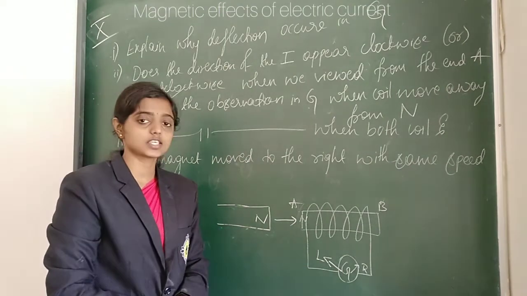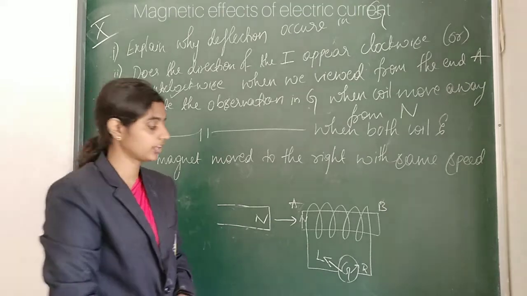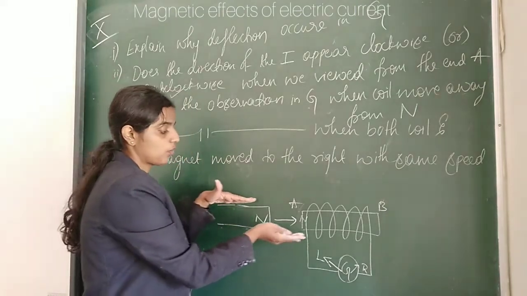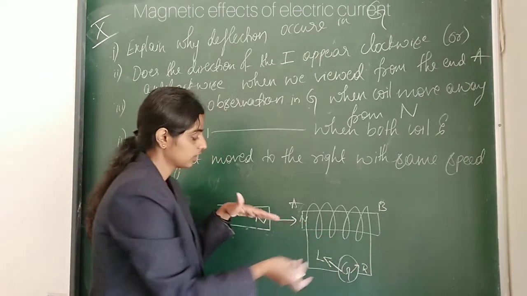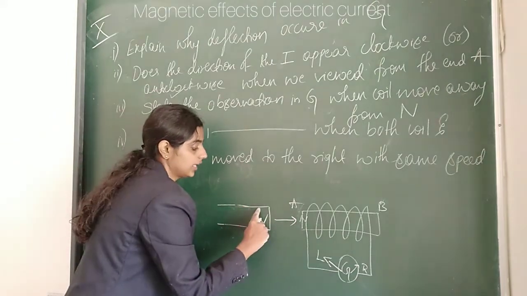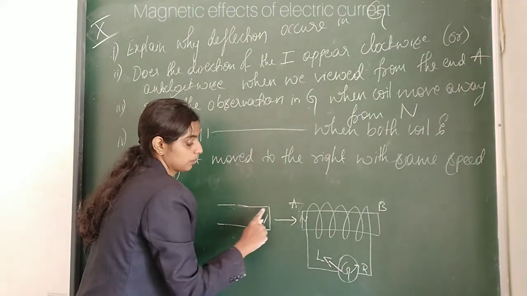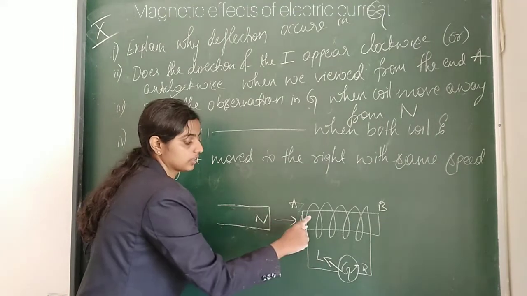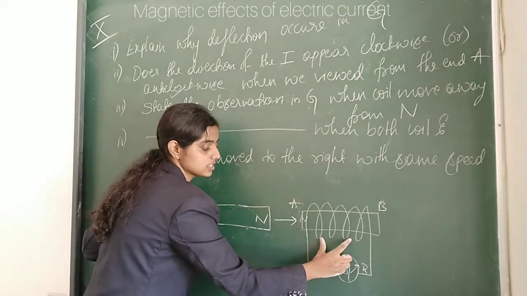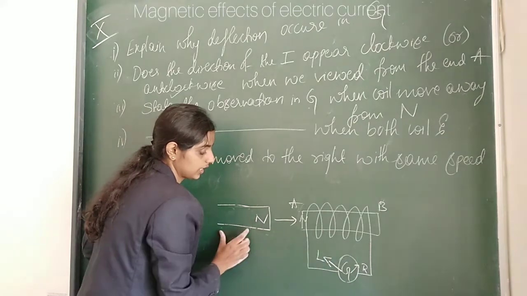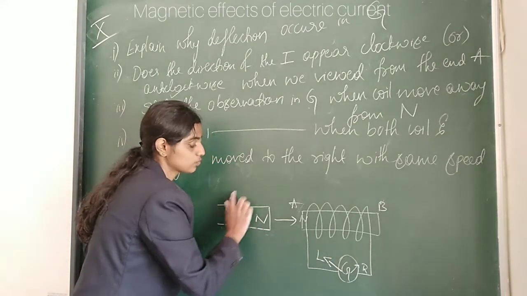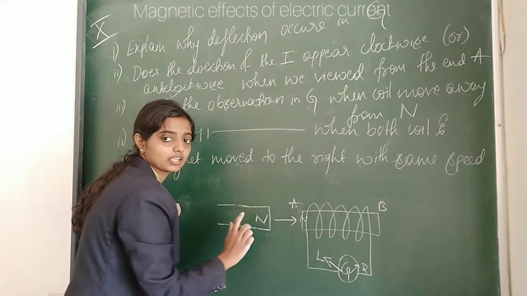So any guesses? Think yourself and try to answer. When they both move at the same speed, the magnetic field won't change because it will move with the same speed, and this is also moving. When this is stationary and this is moving, what happens? We will get different magnetic field lines.